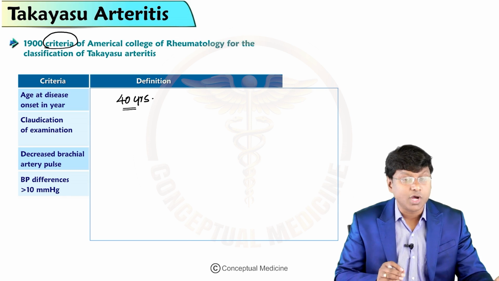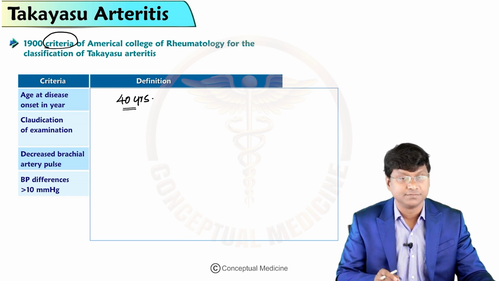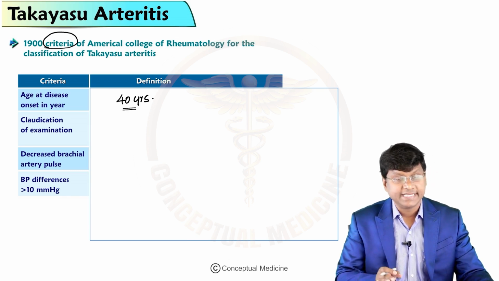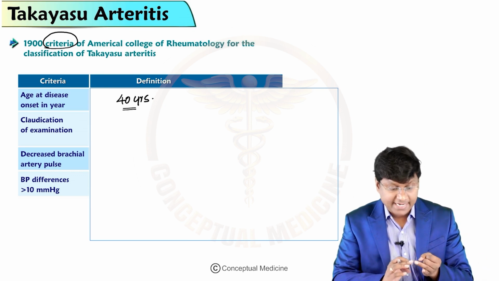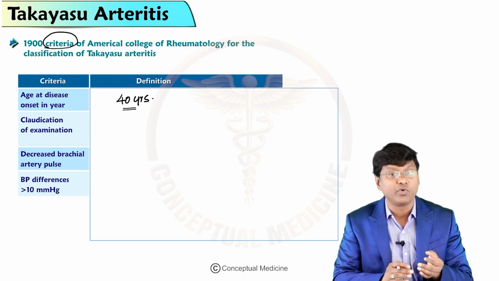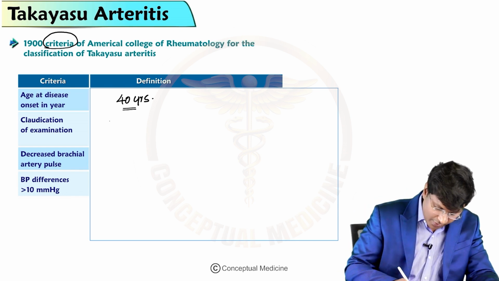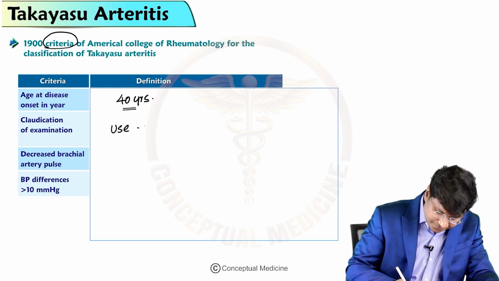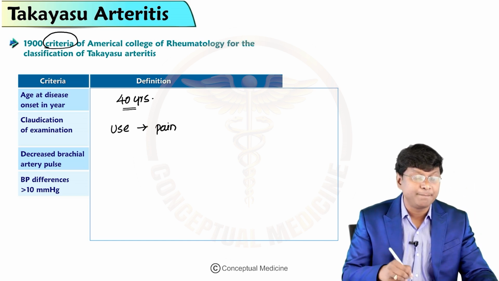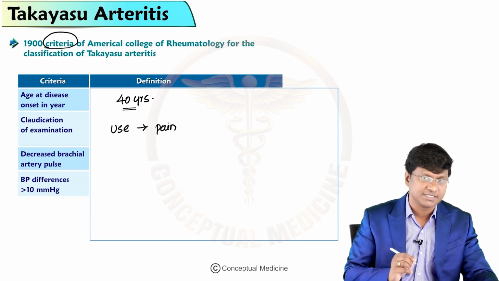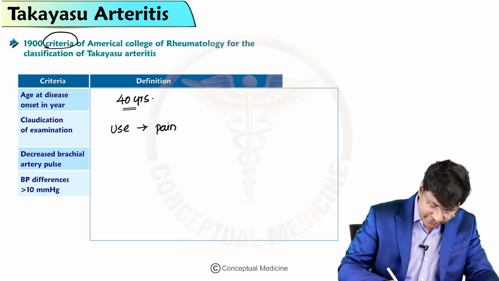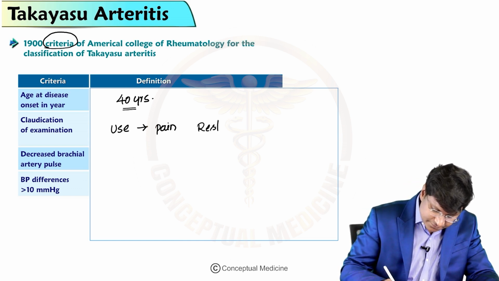And claudication pain: there will be development and worsening of fatigue and discomfort in the muscles of one or more extremities while in use. While in use, there will be discomfort, pain or fatigue within the muscles of the upper limb, and whenever the individual takes rest, the pain reduces.